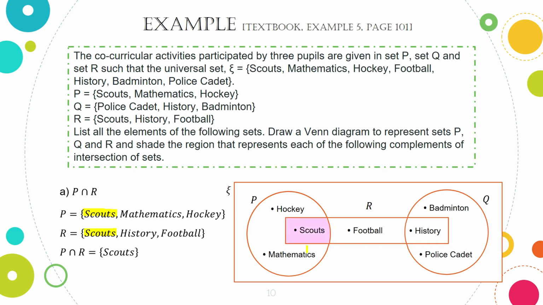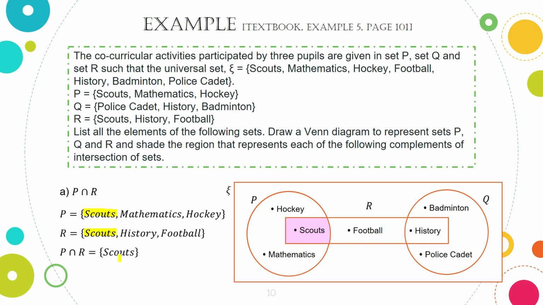One more thing, if you want to draw your Venn diagram, the important thing is if you want to label an element, please do not forget to put a black dot in front of the label. That is the proper way to label the elements in this Venn diagram.